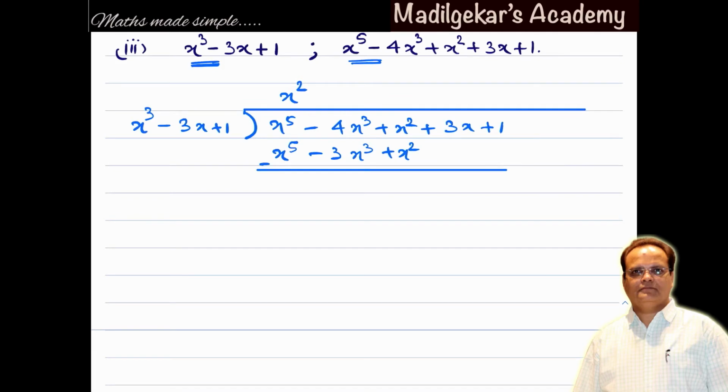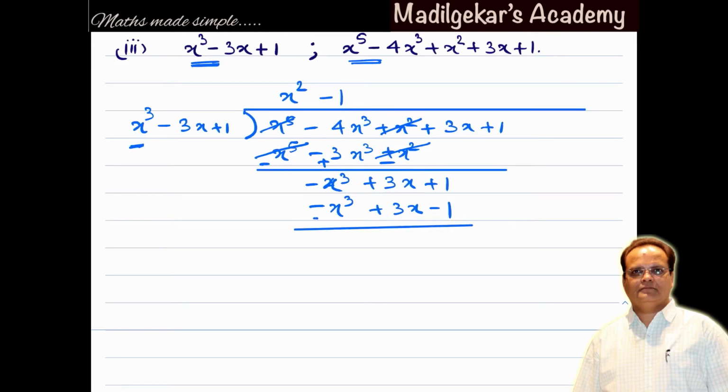Subtracting, x raised to 5 gets cancelled. Now we have minus x cube. x square also gets cancelled. Plus 3x plus 1. Now in order to get minus x cube, multiply by minus 1. So minus x cube plus 3x minus 1.